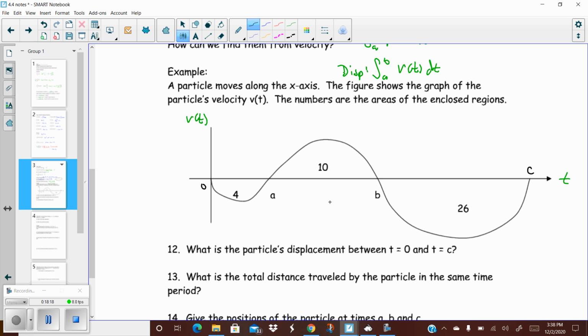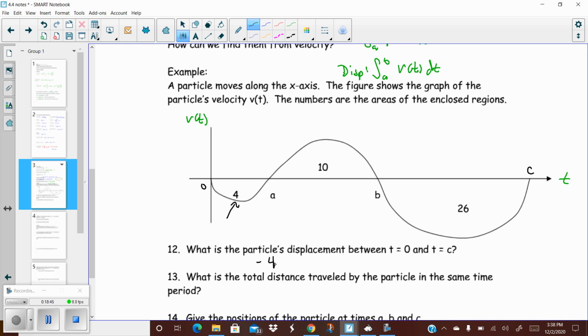So the area, which it gives us down here, is 4, but because it's below the t-axis in this case, it's considered to be a -4. So I've traveled -4 units from time 0 to time A. Then from time A to time B, all the area is above the x-axis, so that means that we have traveled a positive 10 units.